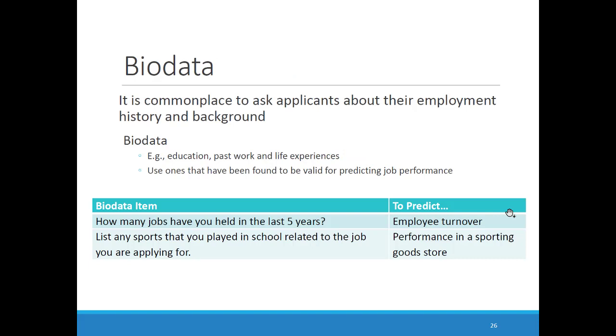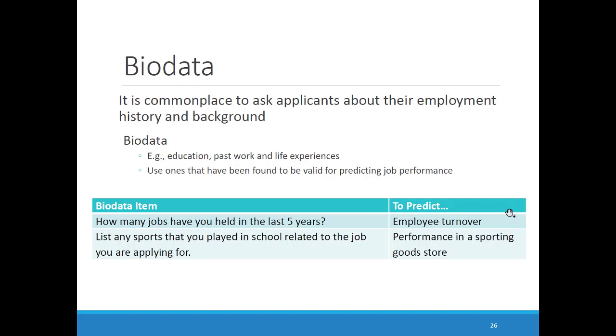Biodata is another selection method, and this is referring to information that applicants provide about their employment history and background. And this is very common. So if you've ever filled out a job application, you've probably given an organization some of your biodata. And this includes education, past work, and life experiences. And companies use ones that have been found to be valid for predicting job performance.